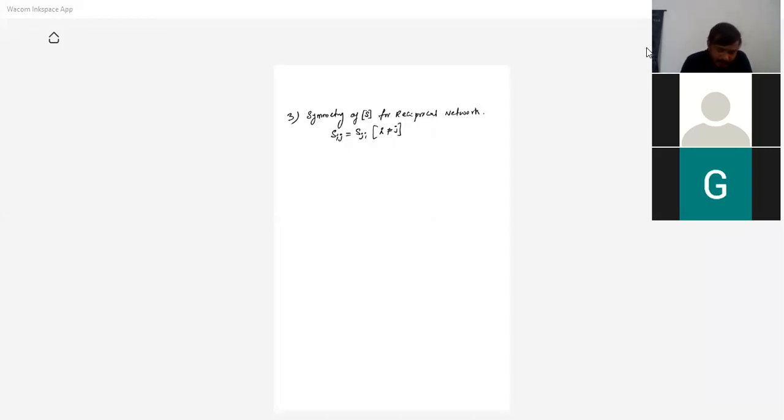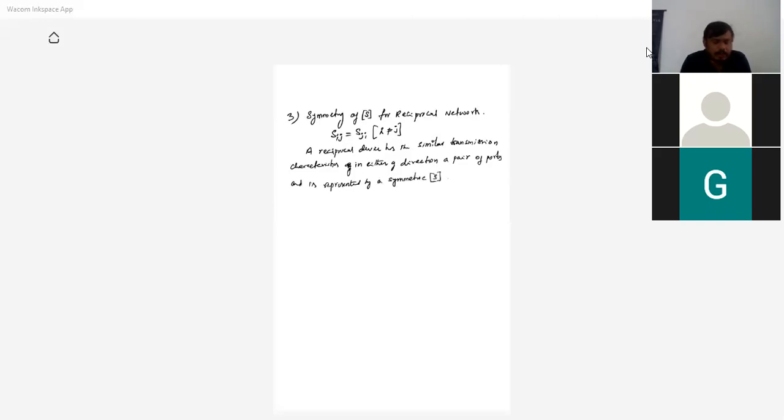So you can write here, I'm writing one sentence here. A reciprocal device has similar transmission characteristics in either direction of a pair of ports, and so is represented by a symmetric matrix.